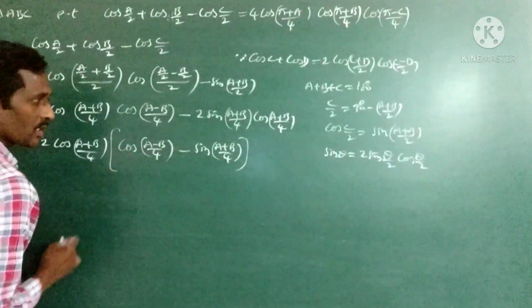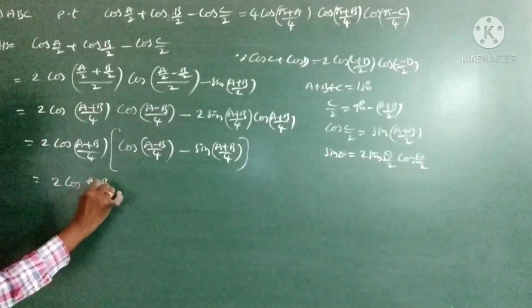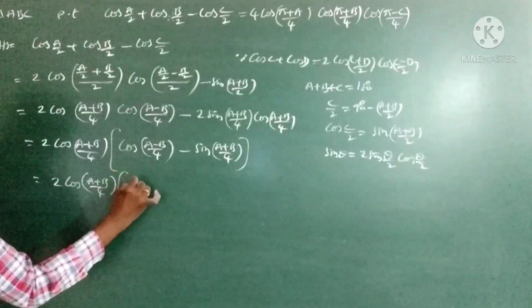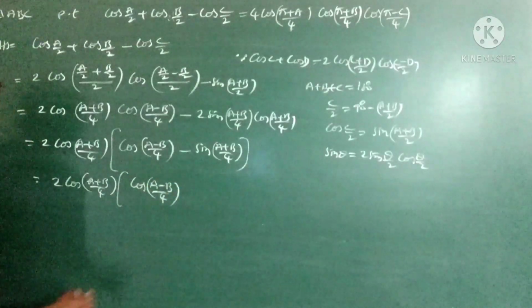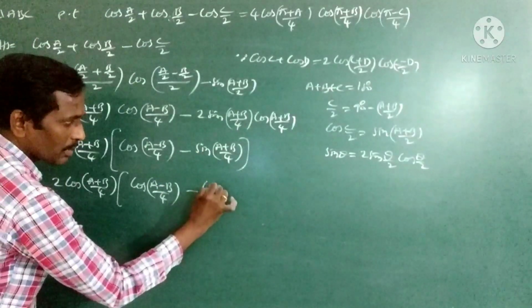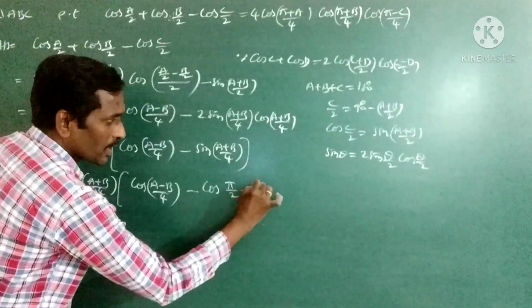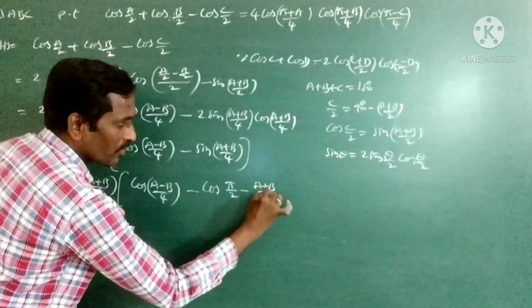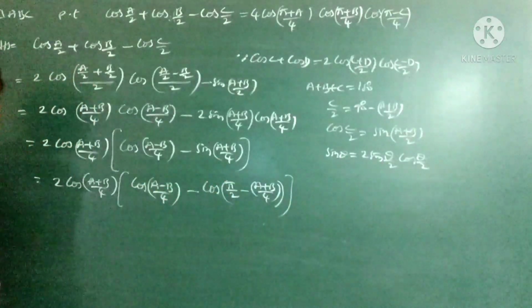Now change this function. 2 times cos function A plus B by 4 of cos function A minus B by 4 as it is. Changing this function, nothing but 90 minus A plus B by 4. So cos 90 minus becomes sin function.